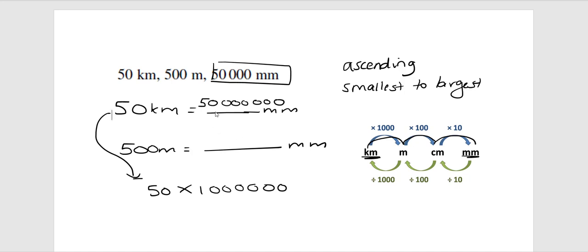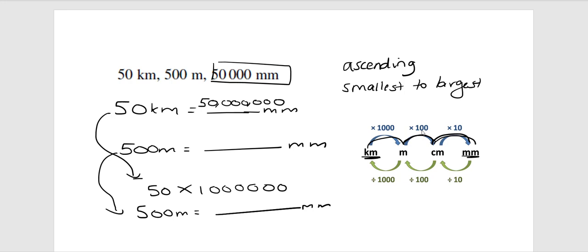There I am. Let's read this number. So add a comma, 1, 2, 3, comma, 1, 2, 3, comma. So I have 50 million millimeters. And the next one, I'm changing 500 meters to millimeters. So meters is over here. So I times it by 100 and I times it by 10.